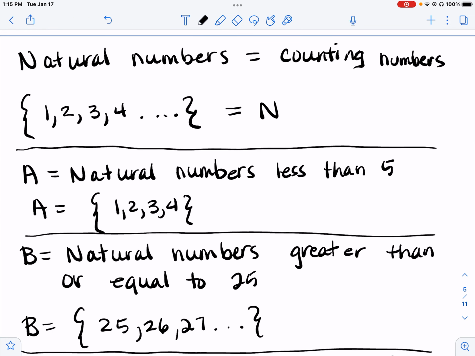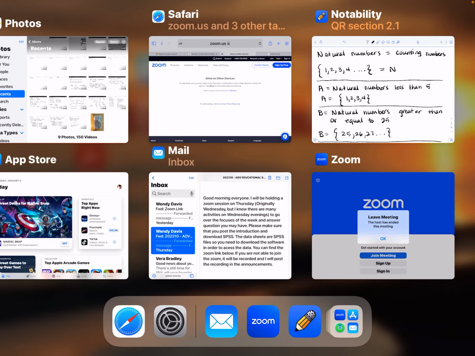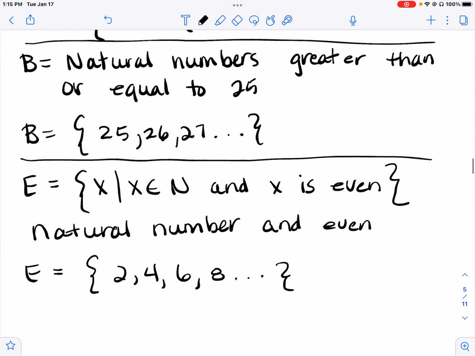Natural numbers are counting numbers, like counting desks or students, and we use the capital letter N. If A is natural numbers less than 5, then A would be 1, 2, 3, 4. If B is natural numbers greater than or equal to 25, the or equal to would mean include 25 and go up.